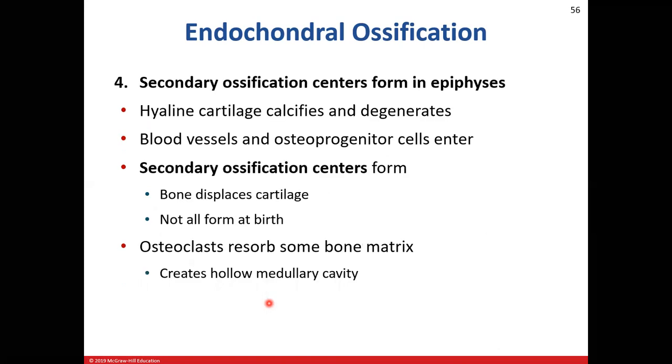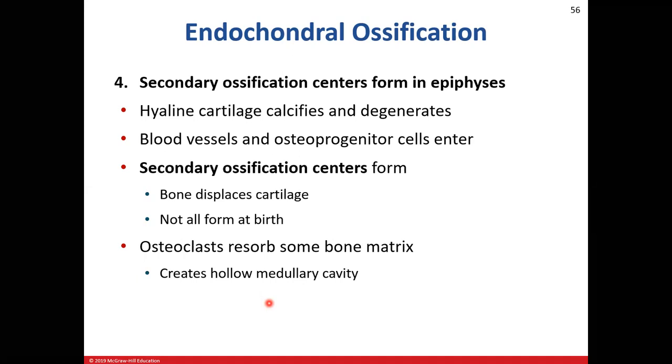We then develop a secondary ossification center, and these secondary ossification centers are going to form in the epiphyses. So now we have this hyaline cartilage that calcifies and degenerates, or wears down and degrades. The blood vessels continue to enter at different locations, as well as entering the osteoprogenitor cells.